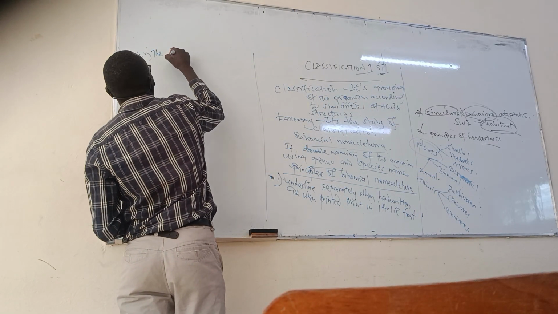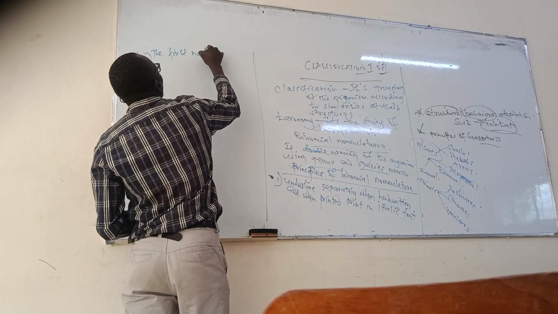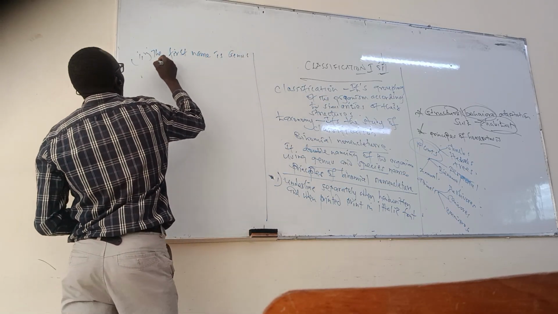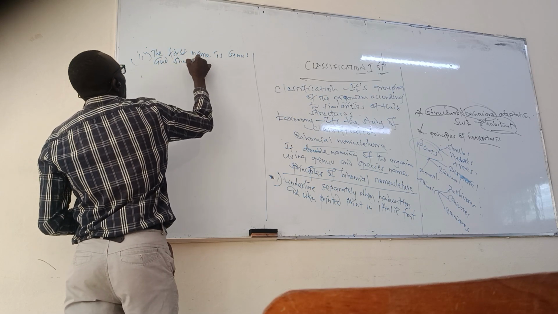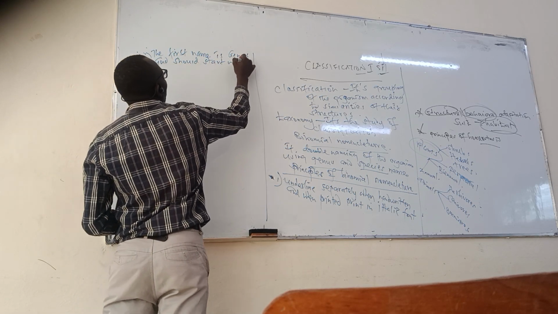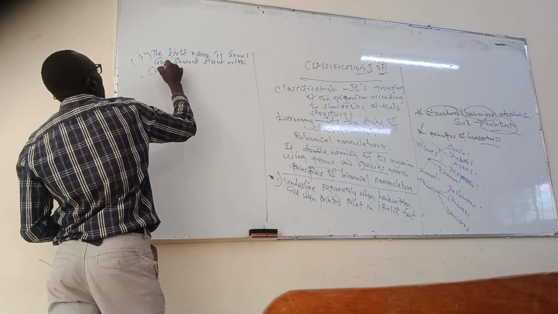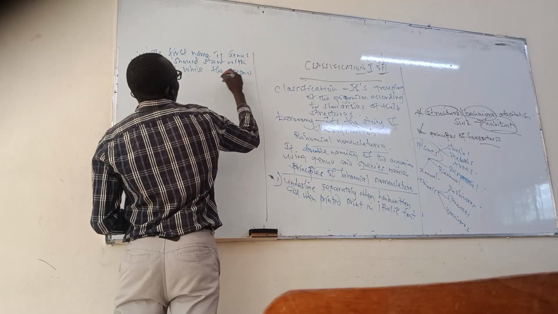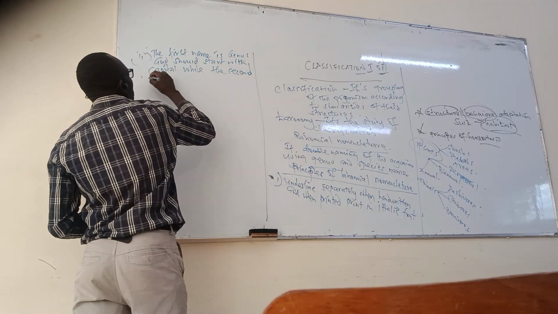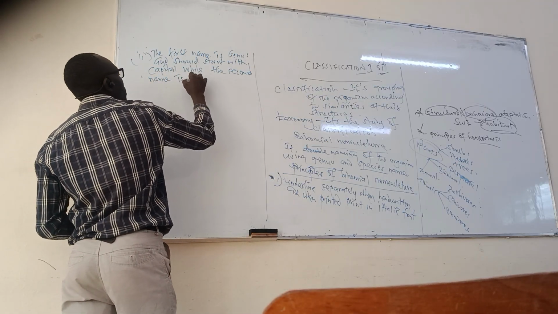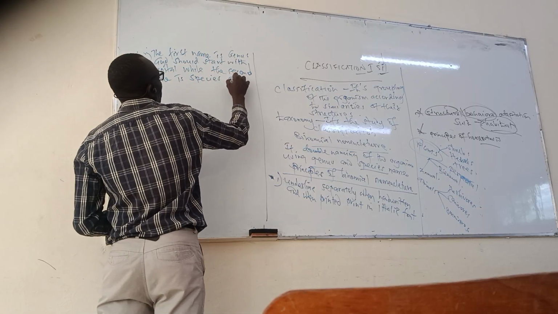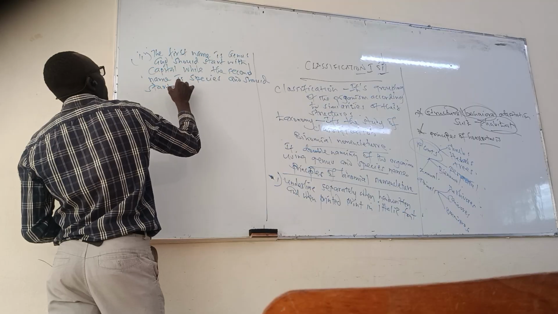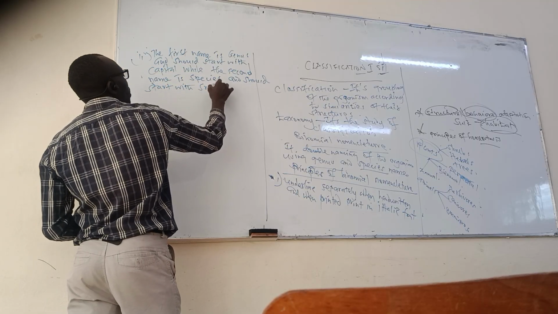So the first name is genus and should start with capital letter, while the second name is species and should start with small letter.